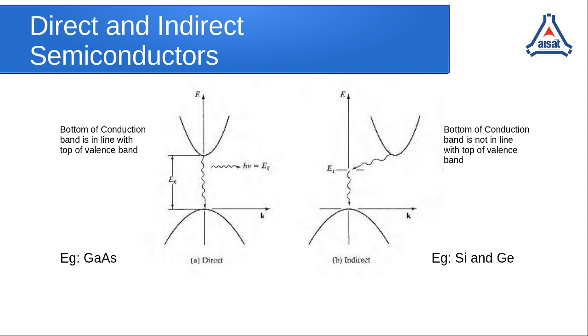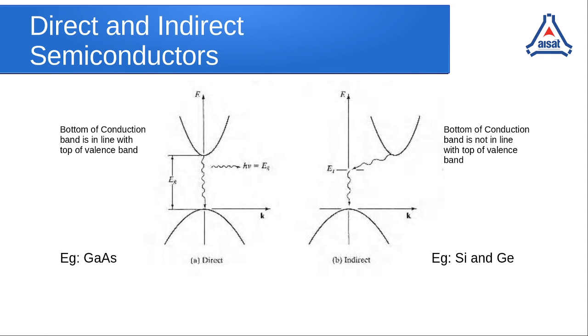If the bottom of conduction band is not in line with top of valence band, it forms indirect semiconductors. Silicon and germanium are examples of this indirect type of semiconductors.